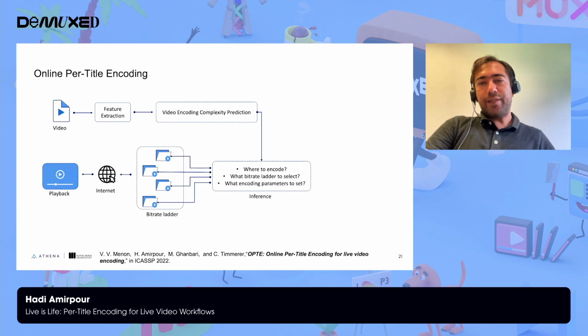Considering the feature extraction speed and the accuracy of features to represent the complexity of a video, we use these features to predict the convex hull for a given bitrate range and optimize the bitrate ladder.